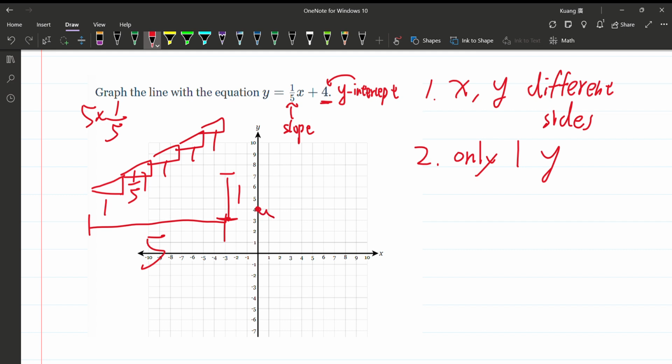So you move 1, 2, 3, 4, 5, and increase by 1 unit. This point is 5, 5. So 0, 4 and 5, 5. Okay, found these 2 points and connect. Then this is your graph of this equation.